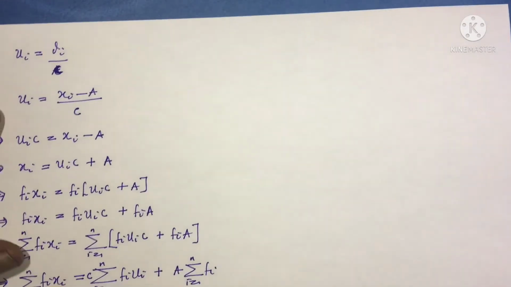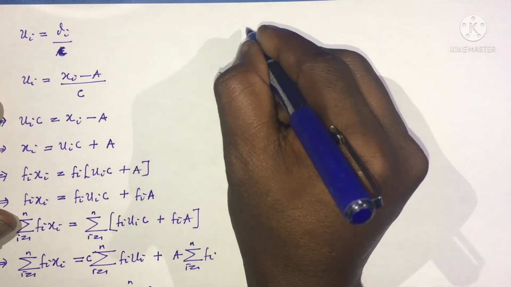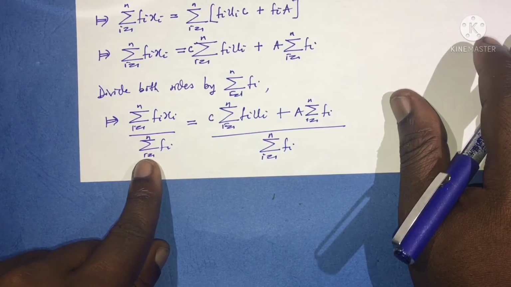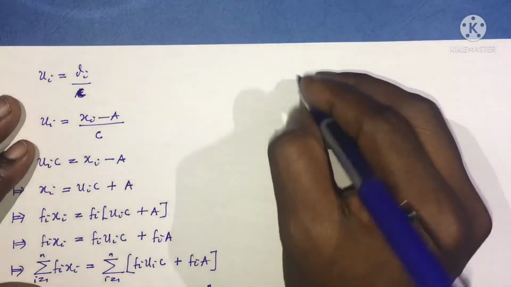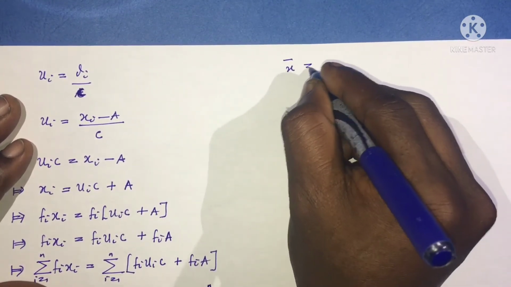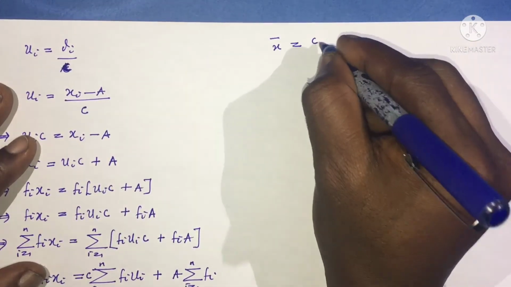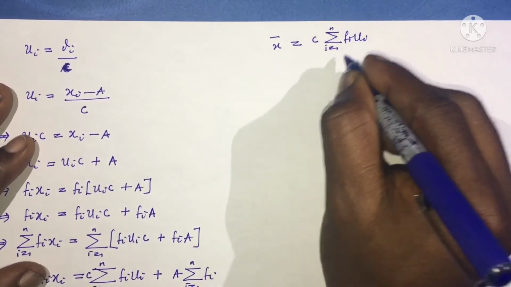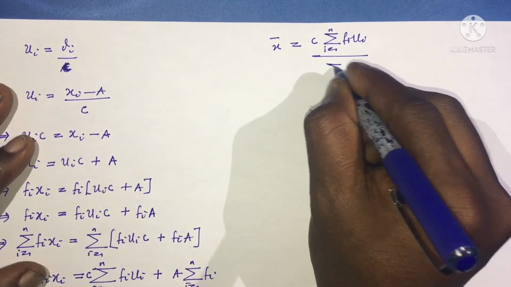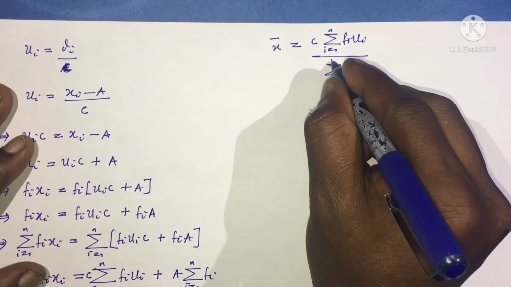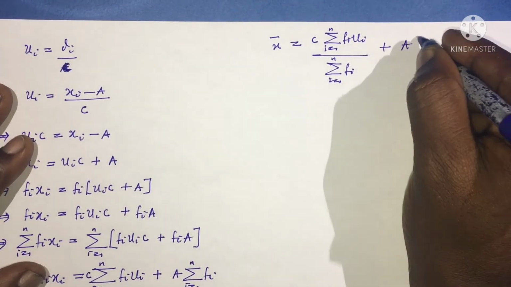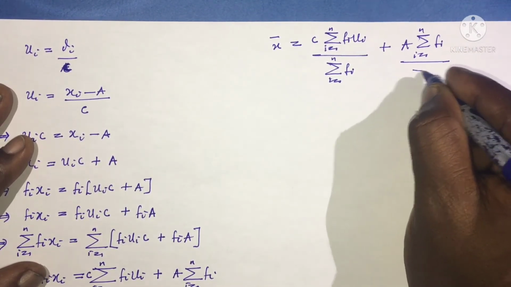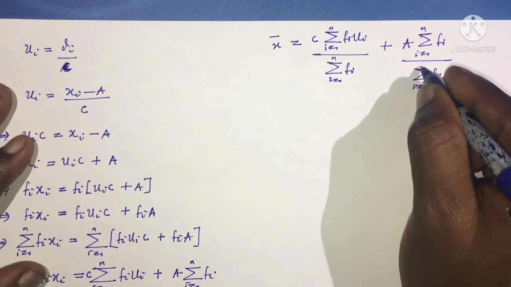Now let's bring it over here, our continuation. Everything on the left hand side defines the arithmetic mean, x bar. So I'm going to write here x bar equals c summation fiui from i equals 1 to n all over summation fi from i equals 1 to n plus a summation fi from i equals 1 to n all over summation fi from i equals 1 to n.